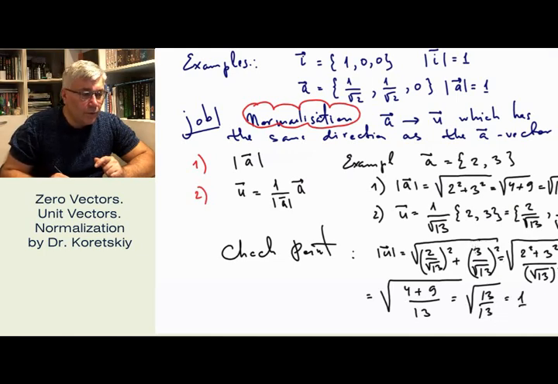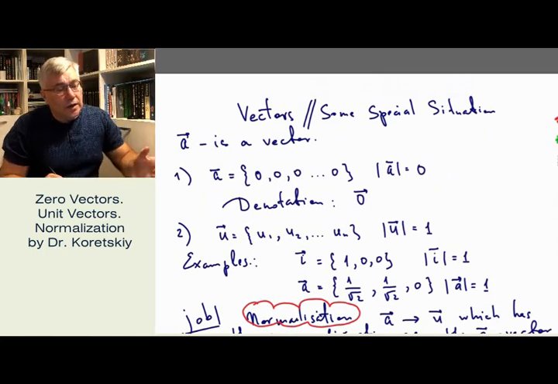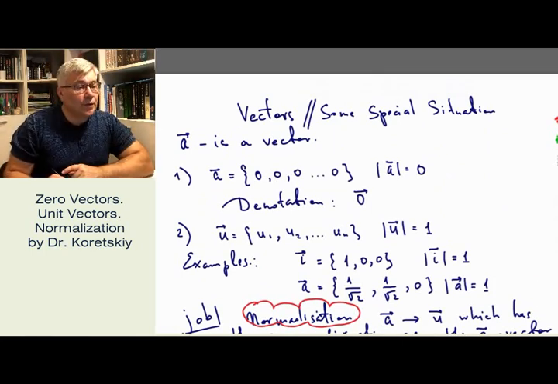Finally you have 4 plus 9 over 13, 13 over 13, so you have 1. So obviously this vector has magnitude 1.